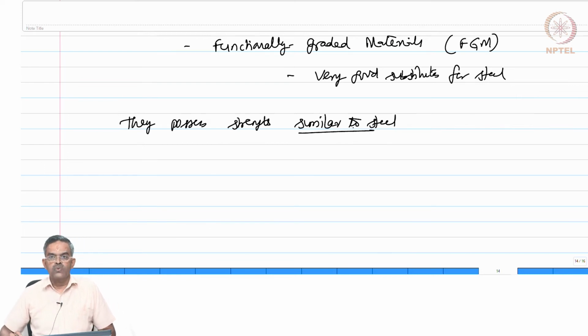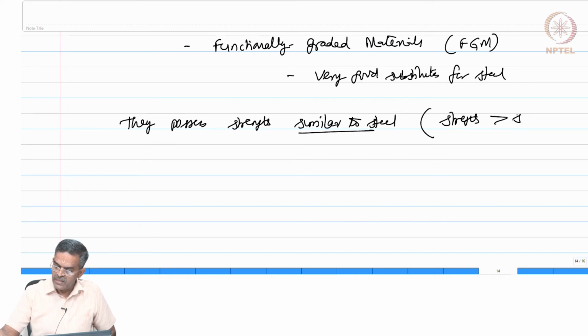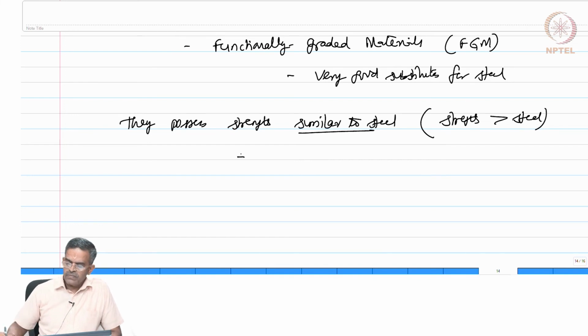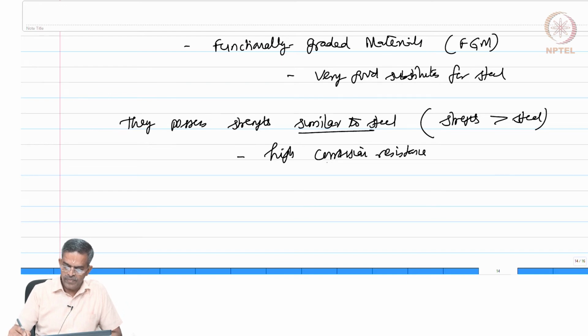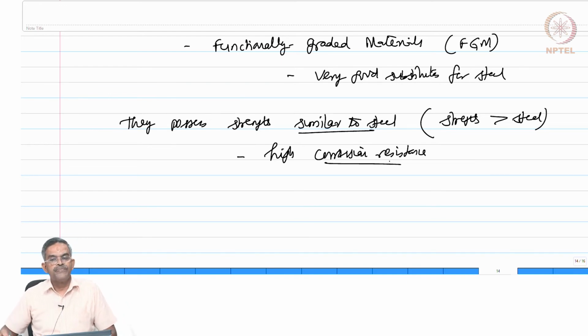In fact, I will show you one application what we did in our lab to fabricate an FGM. It possesses strength in fact higher than steel. In addition to that, it has got a very high corrosion resistance compared to steel.